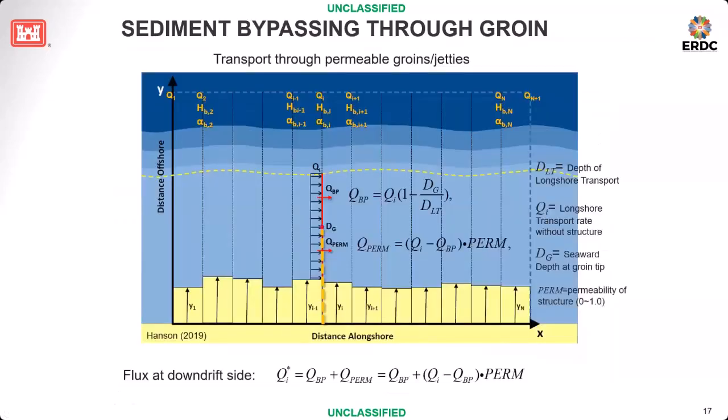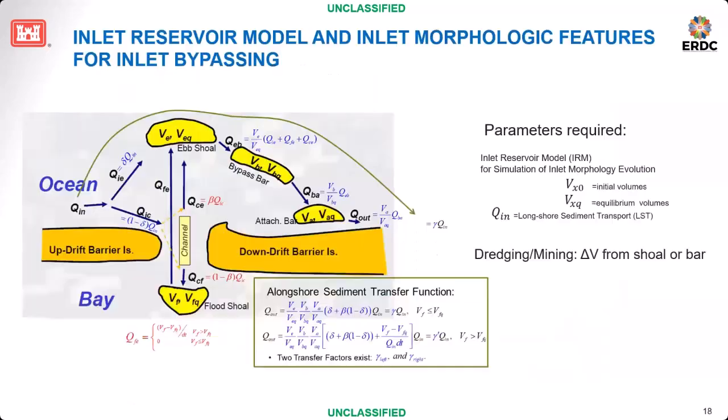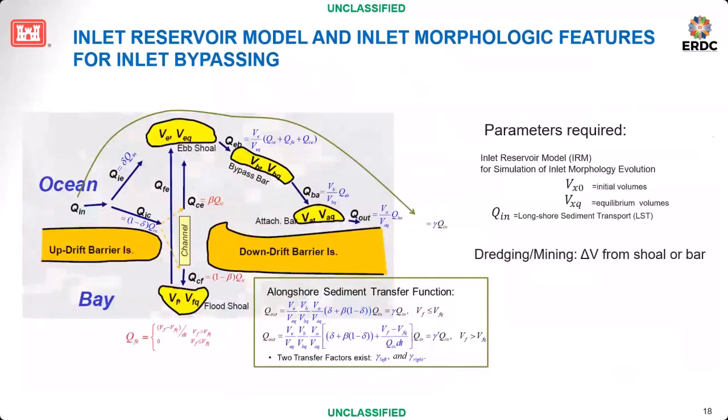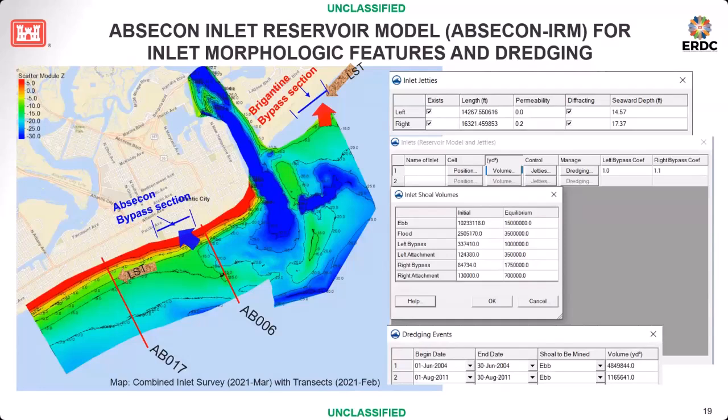This tells how GenCade simulates the bypass effect of a groin. I don't want to go into details, but I want to talk about a practical setup of the reservoir model. You have this conceptual diagram, but if you have real hydrosurvey data, this is a hydrosurvey of the area around the Absecon Inlet.